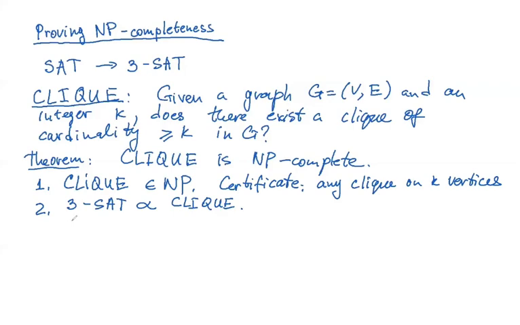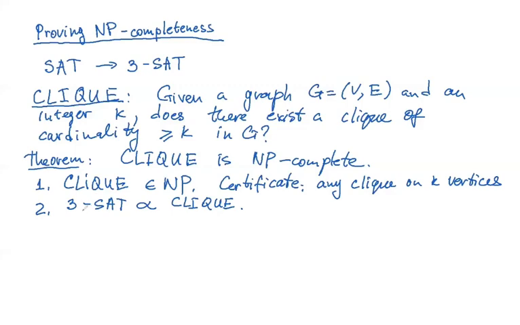For an instance of the CLIQUE problem, we need to construct some graph in which we are looking for a clique. So how do we construct a graph based on this instance of satisfiability? Somehow we need to convert this input for 3-SAT into an input for CLIQUE. So what could the correspondence be? Let's consider the possibility.